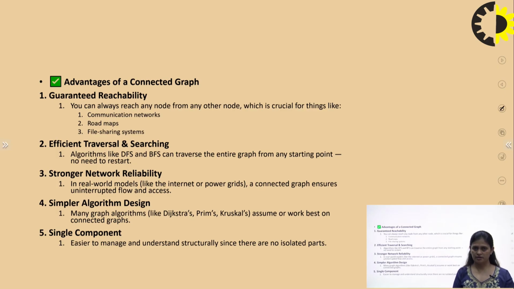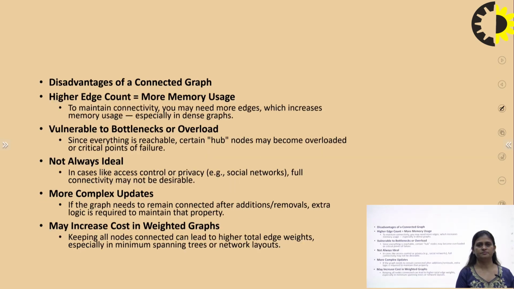Many graph algorithms such as Dijkstra's, Prim's, and Kruskal's algorithms work based on the connected graph. Next, single component, which is easier to manage and understand structurally since there is no isolated vertex.